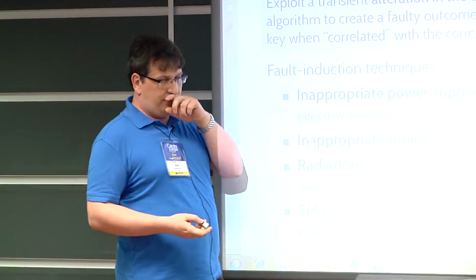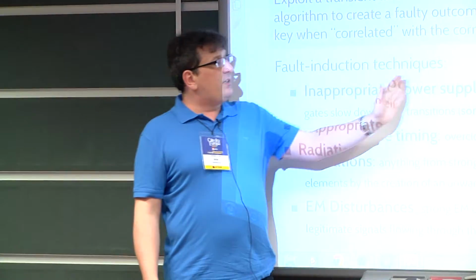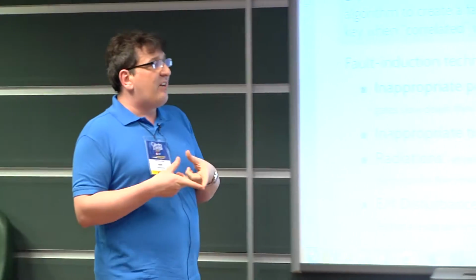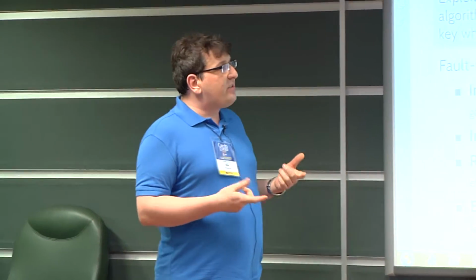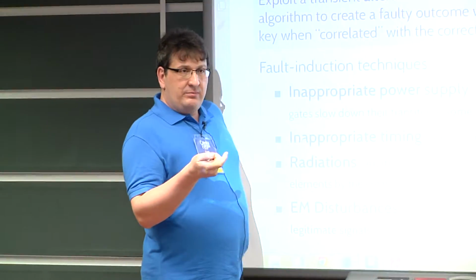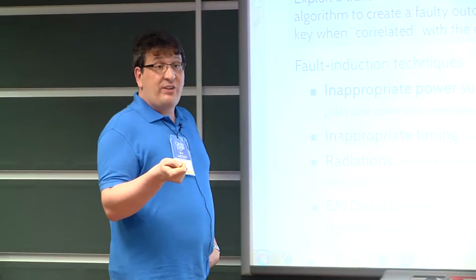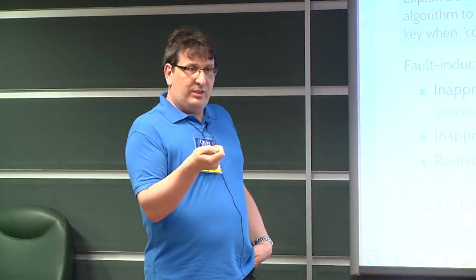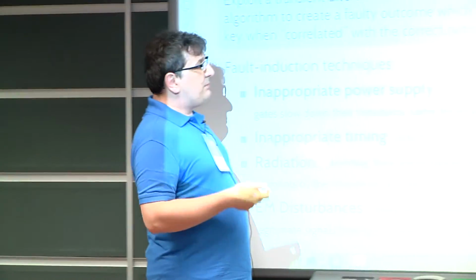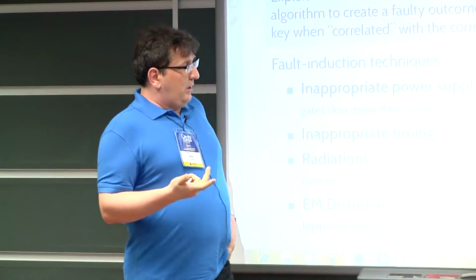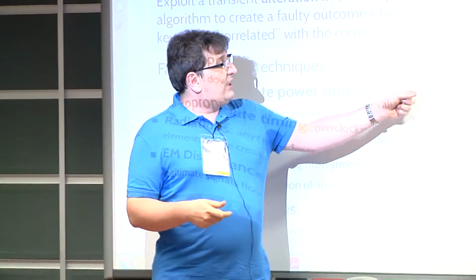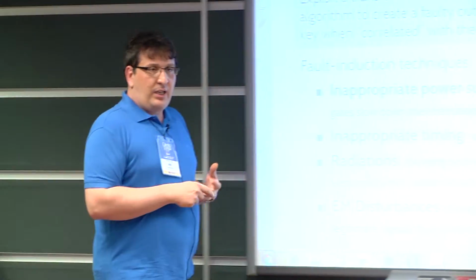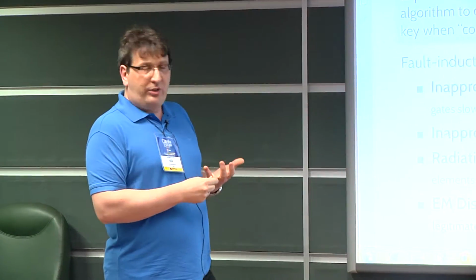some examples of fault induction techniques. Inappropriate power supply. If you have a mobile device, you can always underfeed the voltage supply of your device. You can also easily induce voltage glitches on the functioning of your device.